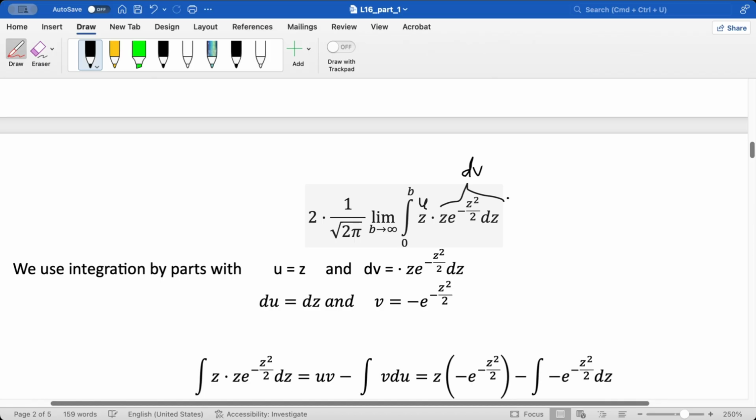So now we're just working with this piece here, trying to integrate z e to the negative z squared over 2 dz.